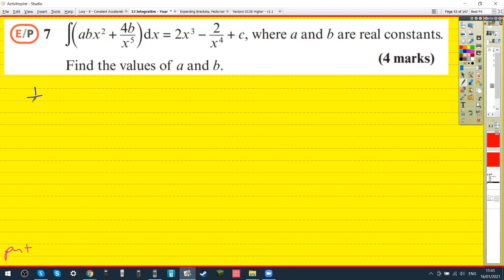Yeah, we usually write it as a third AB. Which would then become a third abx to the 3 minus bx to the 4 minus 4.